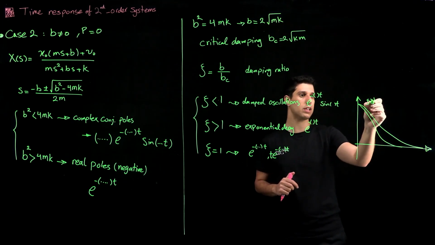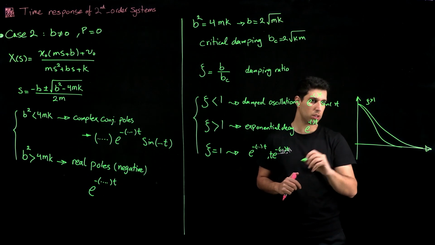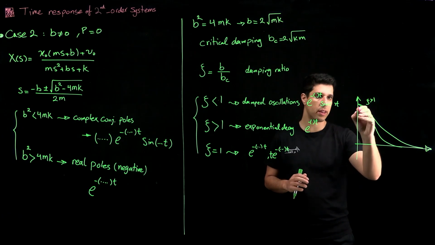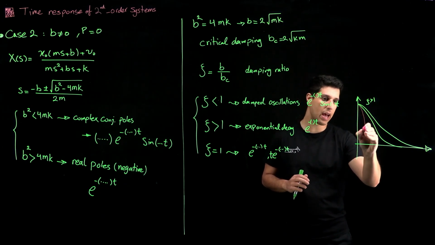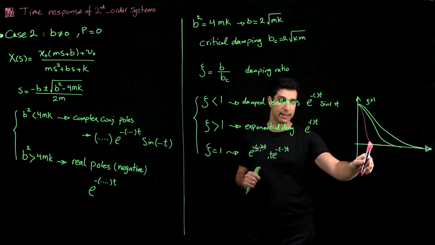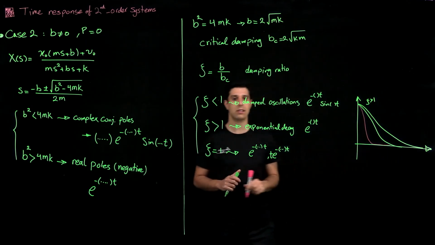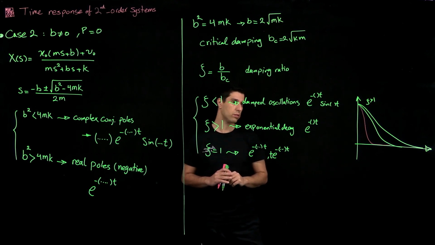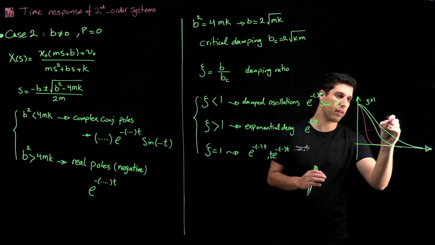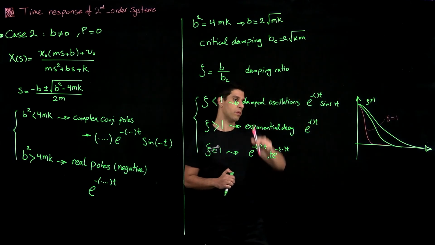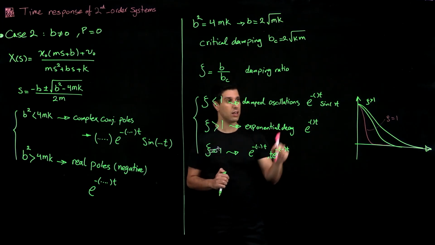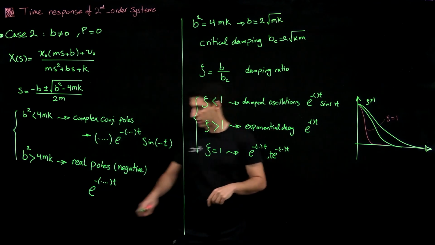So for instance, this is z equals 2, this is z equals 1, until some point that this becomes as fast as possible, arrives at 0, and it stays at 0 forever after. This is z equals 1. So the system has the fastest decay without showing any oscillations.